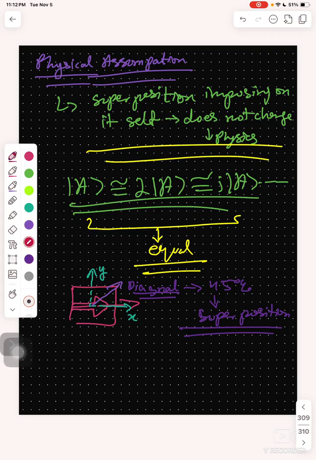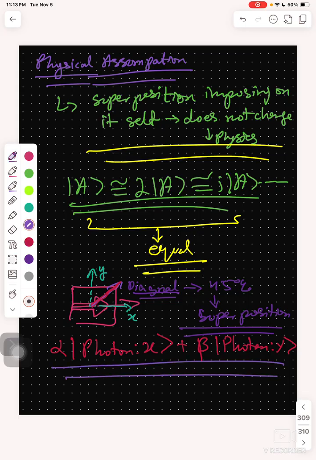So the photon is alpha times x, the part of it in the x state, plus beta times y, the part of it in the y state.